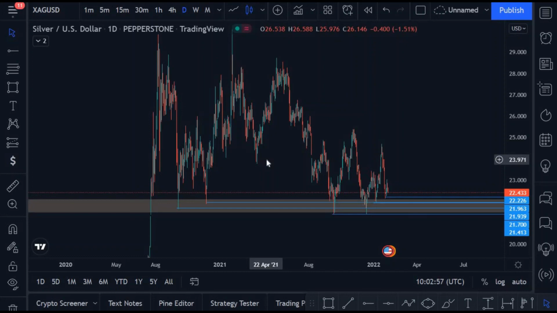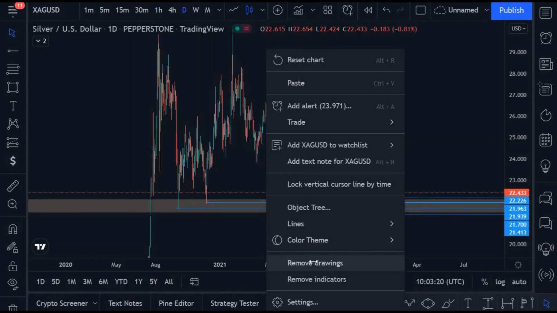So support and resistance is not a particular price. You can't say the support level for Bitcoin or for gold or for silver is at a so-and-so price. No, to me that's going to be wrong. You just mark out a particular area of value and then watch how the market reacts when next it comes to that level. So that is it for this video.